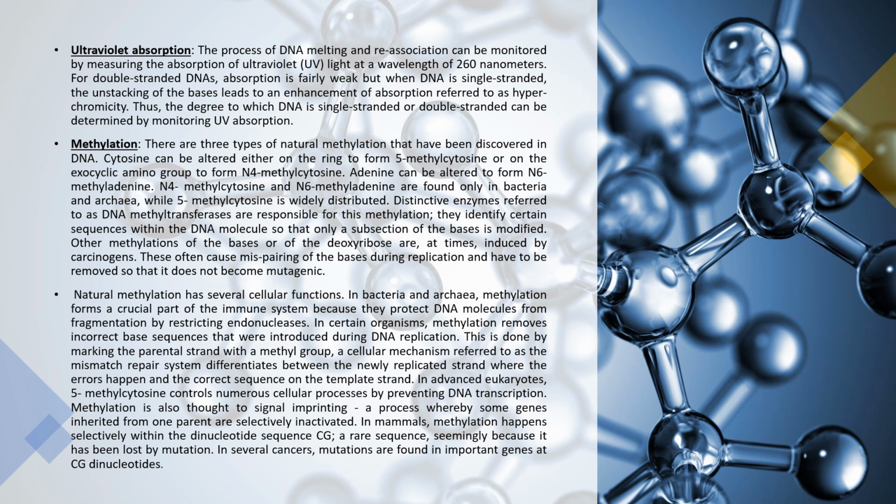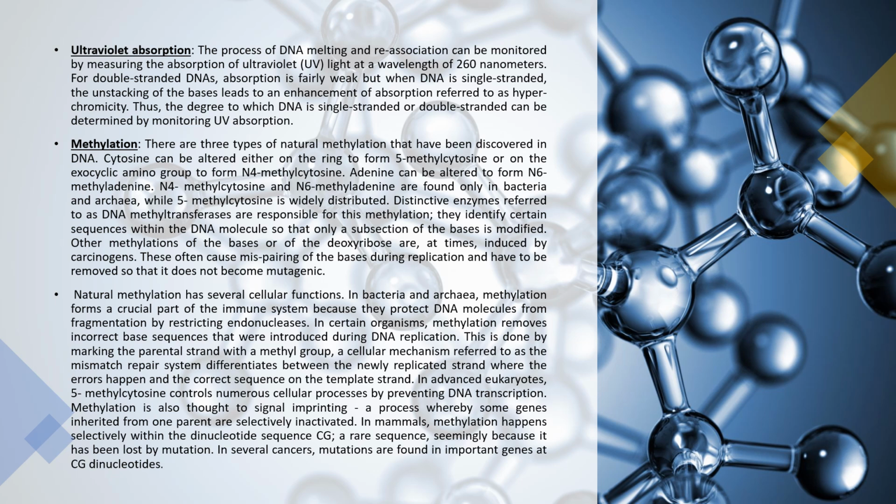Natural methylation has several cellular functions. In bacteria and archaea, methylation forms a crucial part of the immune system because they protect DNA molecules from fragmentation by restriction endonucleases. In certain organisms, methylation removes incorrect base sequences that were introduced during DNA replication.